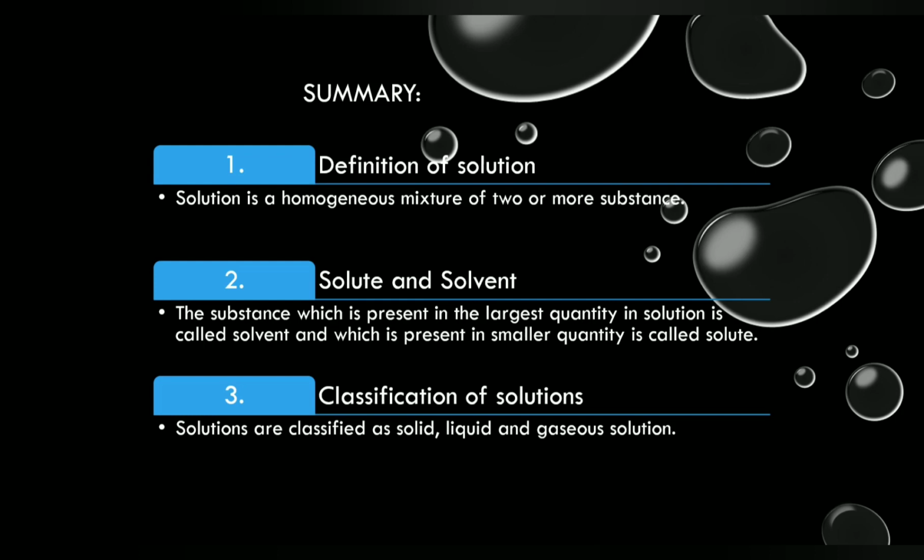The solutions are classified into three types: solid, liquid and gaseous solution, on the basis of the phase of the solvent. If the solvent is in liquid phase, then the solution is called a liquid solution. If the solvent is in gaseous phase, then the solution is called a gaseous solution.